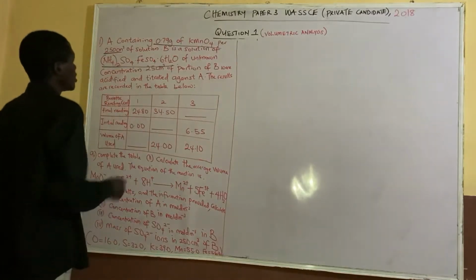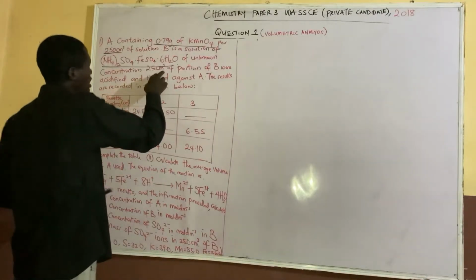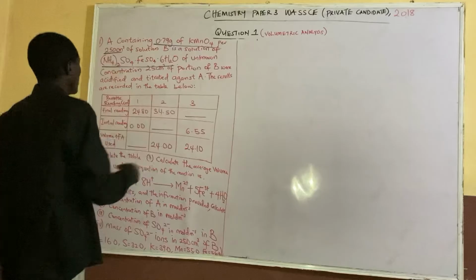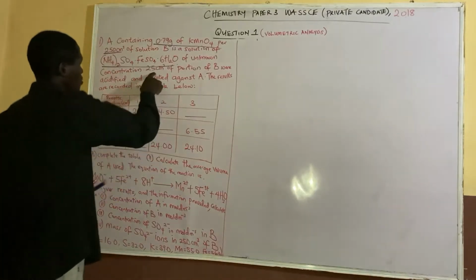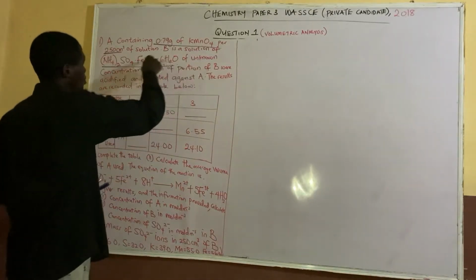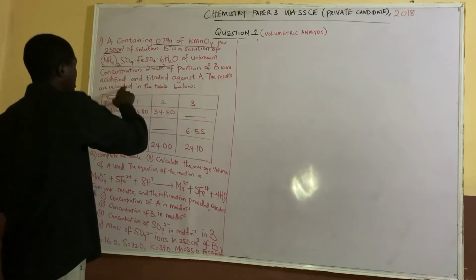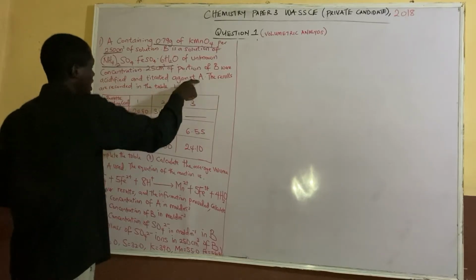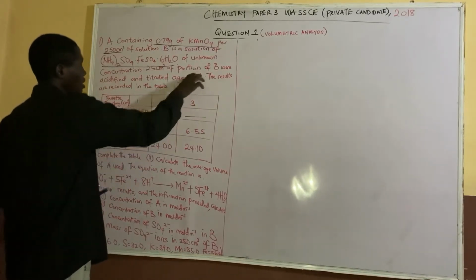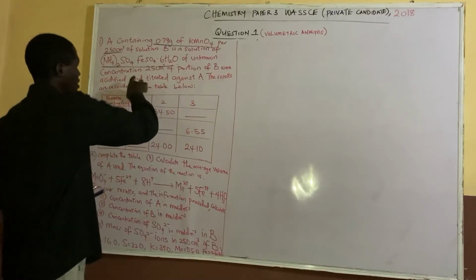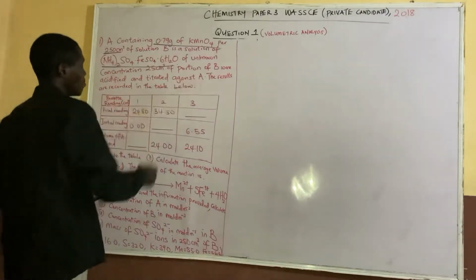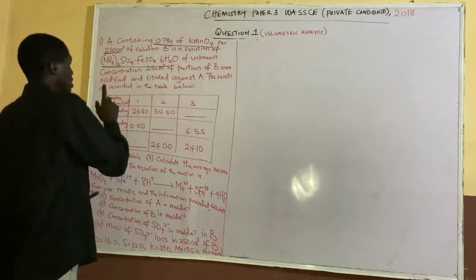We are told that 25 centimeter cube portions of B were acidified and titrated against A. So B is titrated against A, which is the KMnO4 reagent.